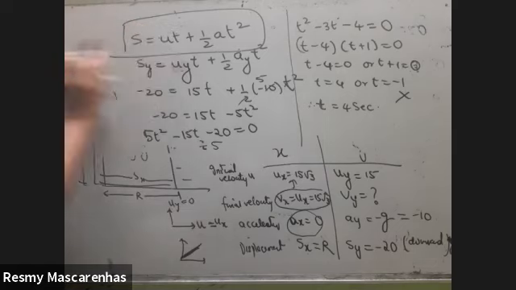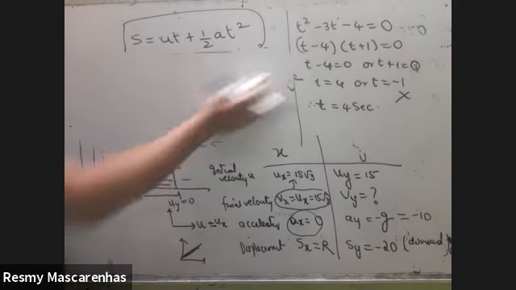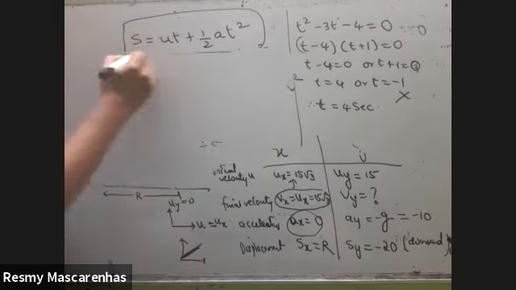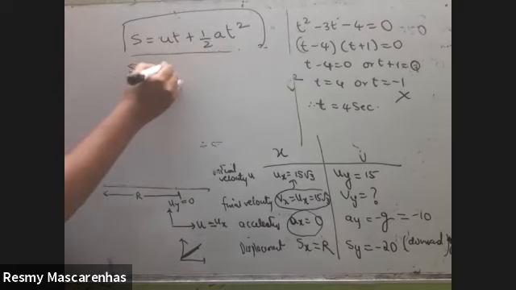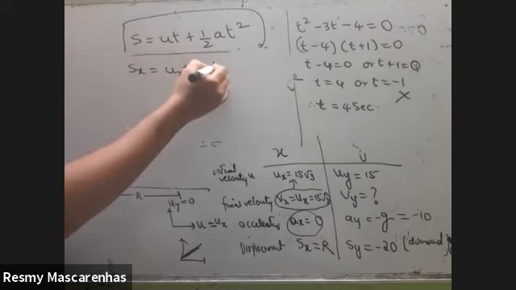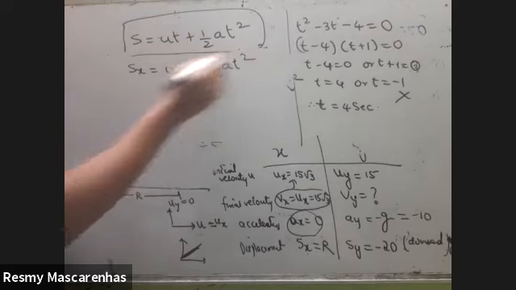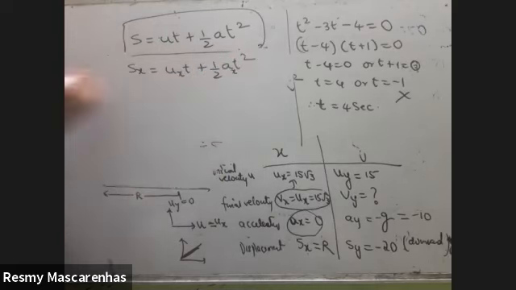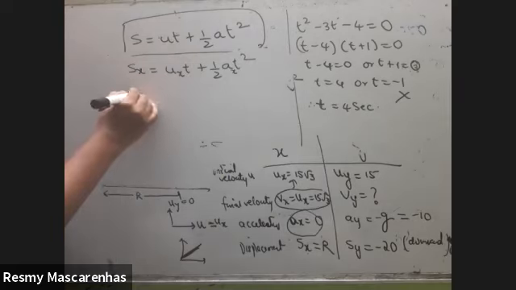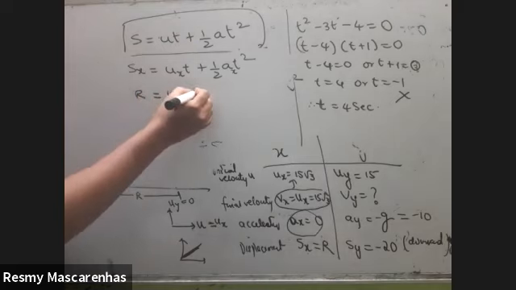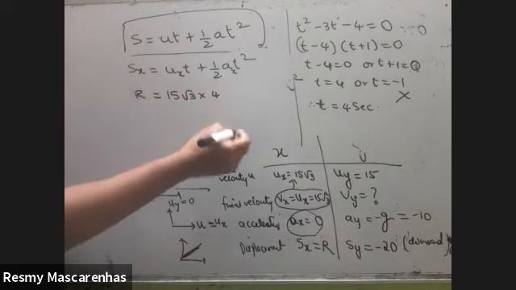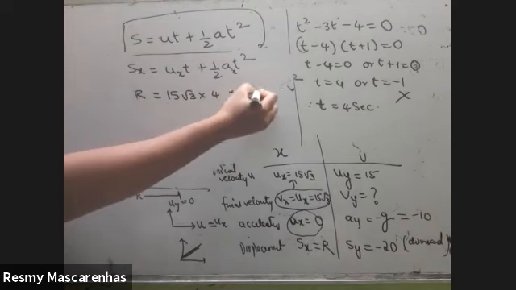So in this formula now, this is s of x. S of x will be r, that is the horizontal range. Ux is how much? 15 root 3. Time is 4. This will be 0.